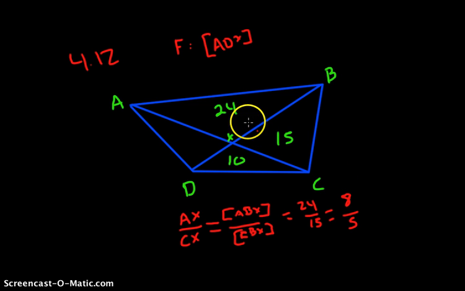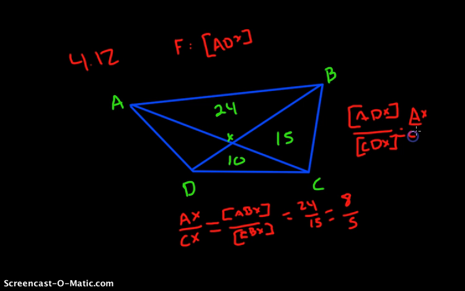So now you flip it, and because triangles AXD and CXD also share an altitude, and because the bases are the same as these two, you can say that the area of ADX over the area of CDX is equal to AX over CX, which is equal to 8 over 5.